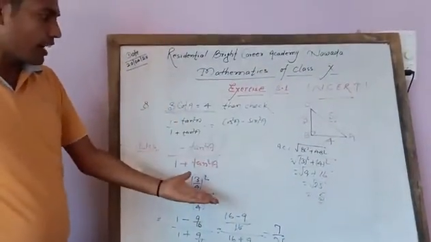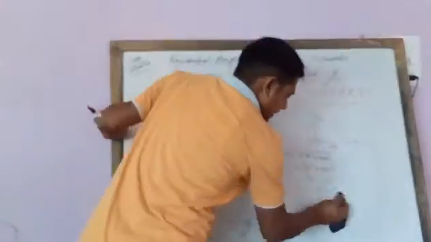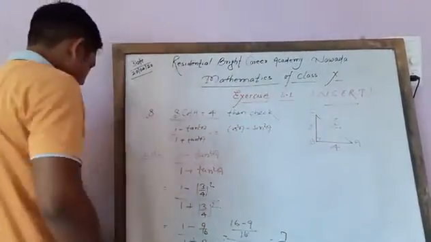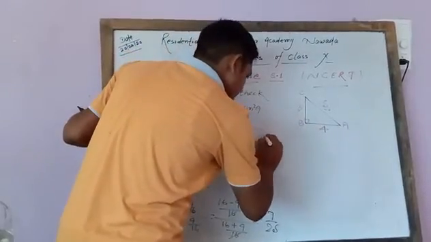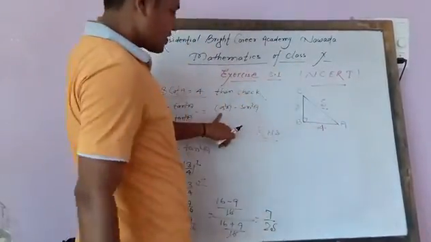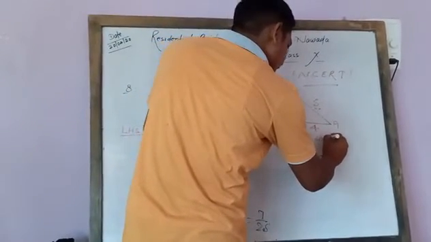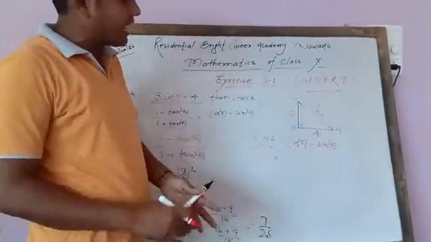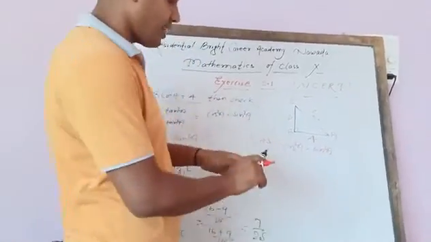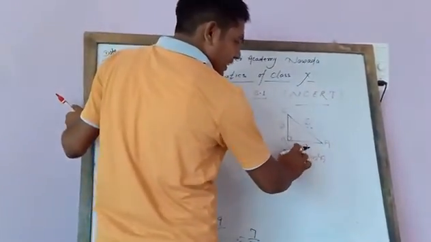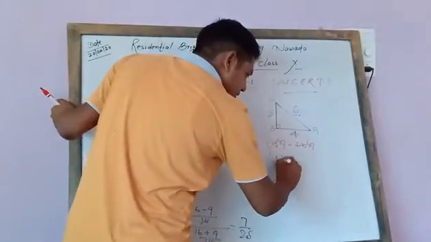We can find out the value of RHS. We can erase this and write here RHS. In the RHS term, we write cos square A minus sin square A. Now with the help of this triangle, we can find the value of cos A and sin A. Cos A is equal to B by H. Here B is equal to 4 and H is equal to 5, squared.